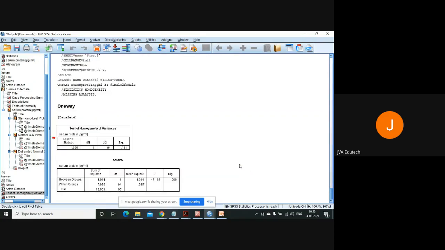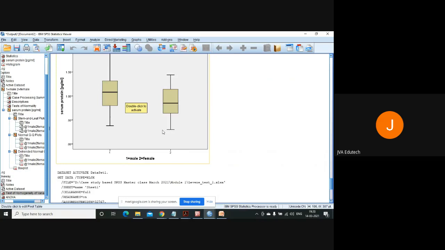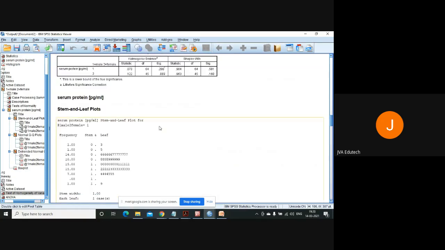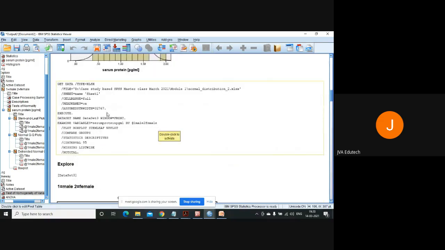So if you create and save your own syntaxes, then if you want to modify something, it is easy. Suppose I performed this normality test between males and females, and now I want to perform the same normality test again without the male and female split. I would have to select the data again and do everything again.